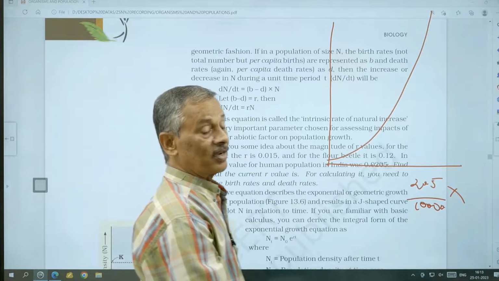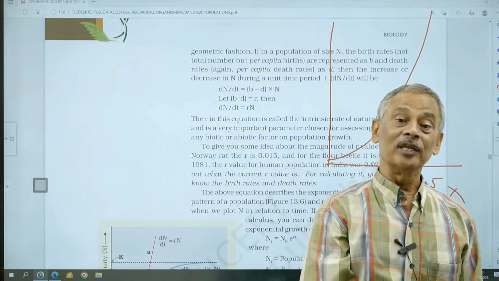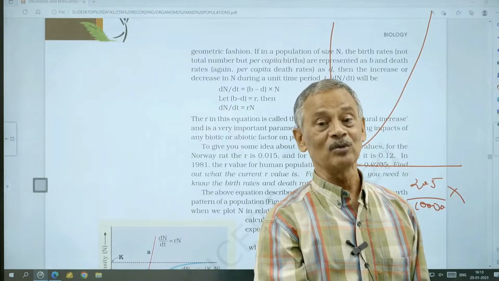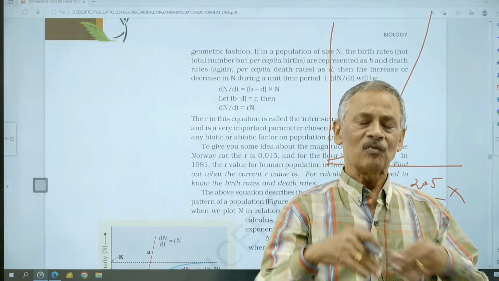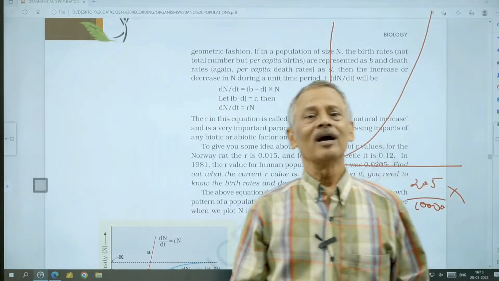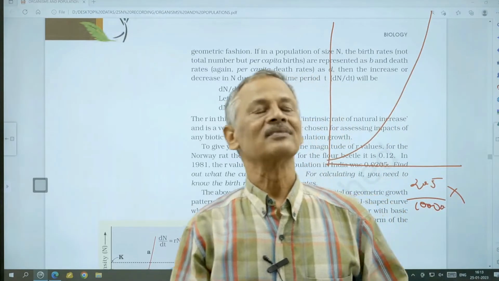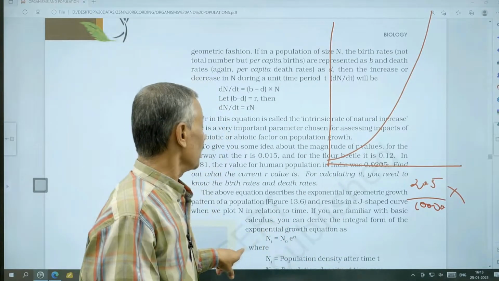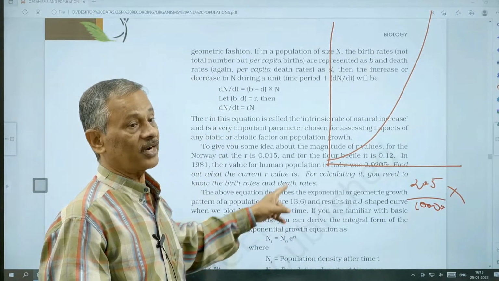Just like we calculated how the number of molecules are produced in a PCR, because we are giving all the conditions favorable and the molecule goes on producing, doubling. Exactly like that, we can predict what will be the population size after a time t.